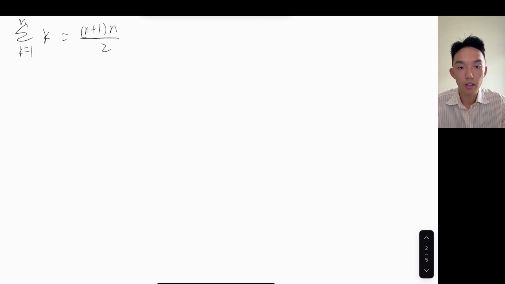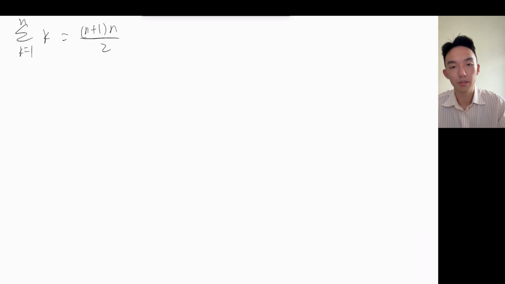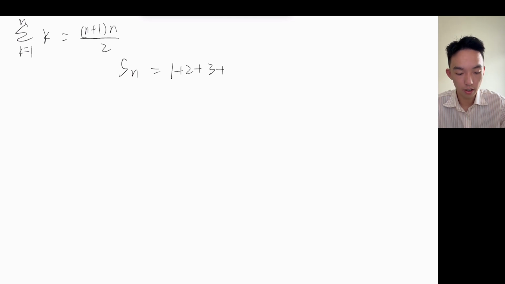The sum of k. This symbol actually means that the sum Sn is equal to 1 plus 2 plus 3 plus until n. And we found that we can rewrite this equation as Sn equals n plus n minus 1 plus n minus 2 plus onto 1.